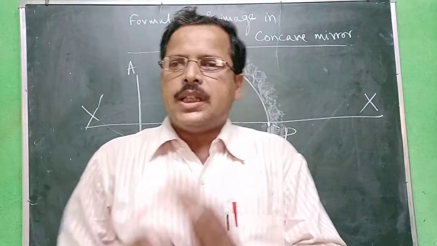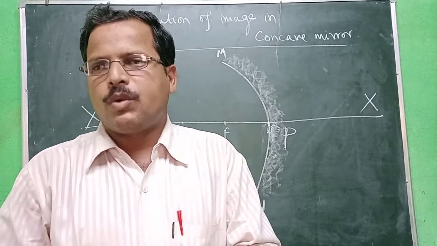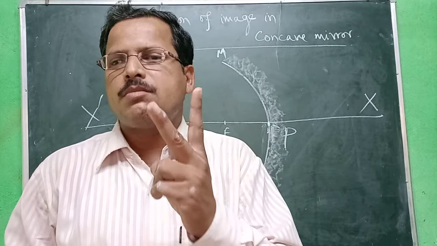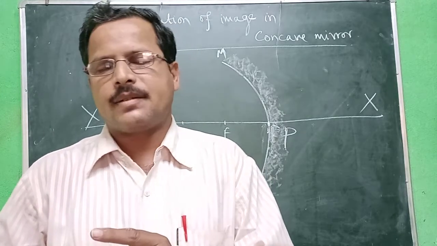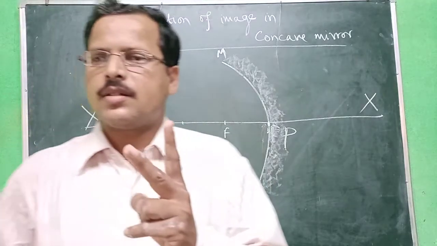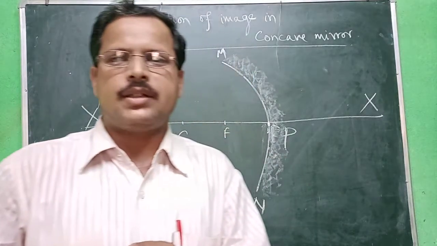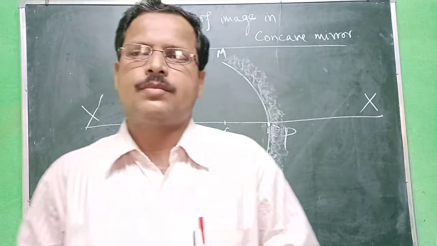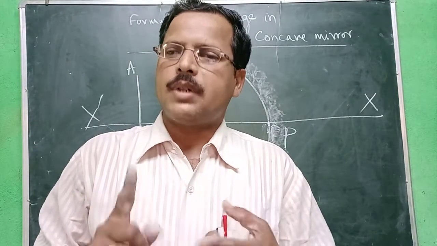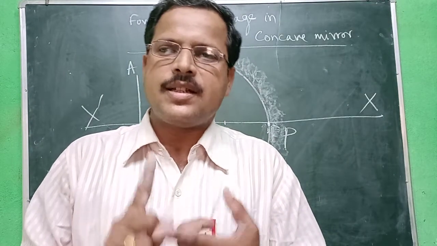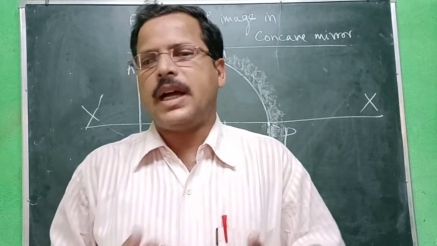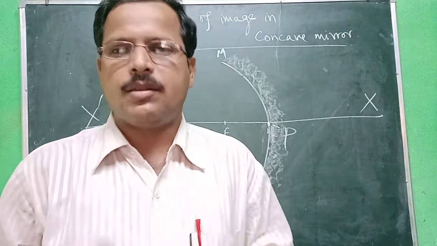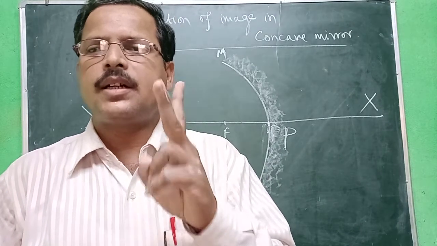When we think about the image, two rays must be considered for getting the image, because one incident ray is not enough to create the image. We need two reflected rays.